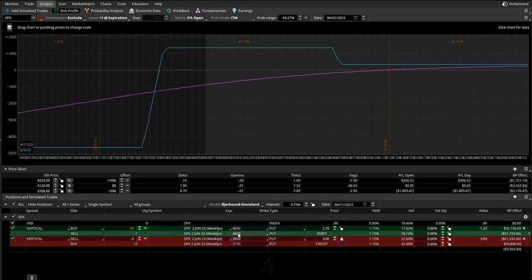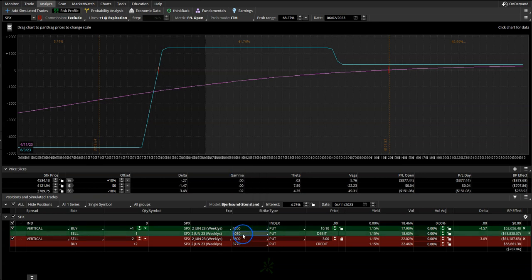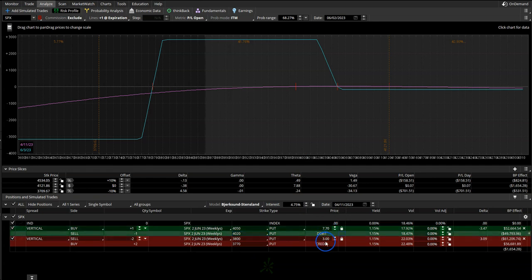So let's say the market is now overextended and we're thinking that the market is going to pull back. We're using a 30-point wide put debit spread, and we're using two of the 30-point wide put credit spreads, right? So we start off, we're collecting $6, right? 3 times 2 is 6. That's what we're taking in.